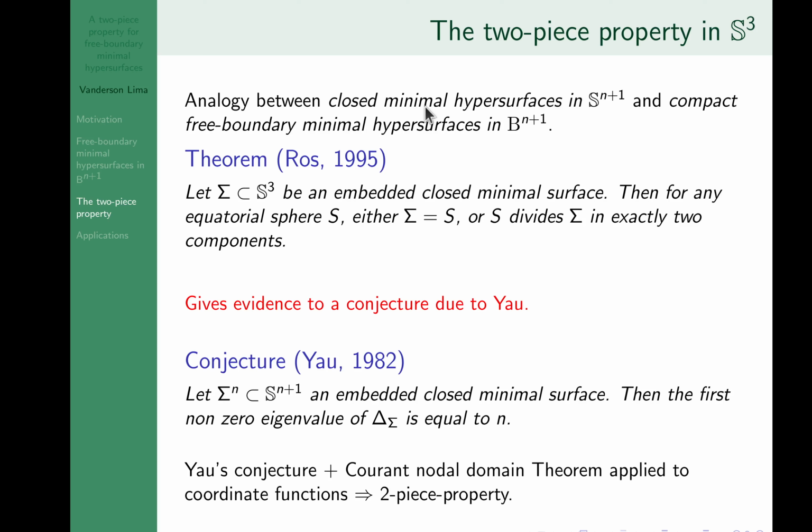So I can construct a function with respect to the normal vector, which is a kind of coordinate function, and this function is an eigenfunction. I can use the Courant nodal domain theorem together with Yau's conjecture to find a contradiction.